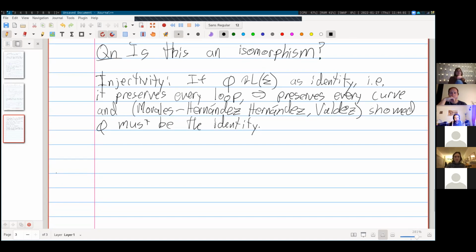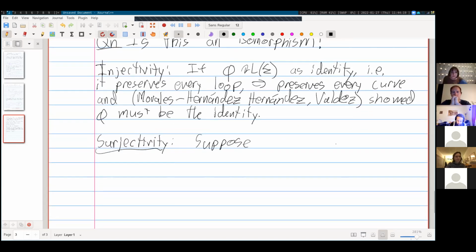What I can take credit for is the other side, surjectivity. Suppose F is an automorphism of the loop graph.